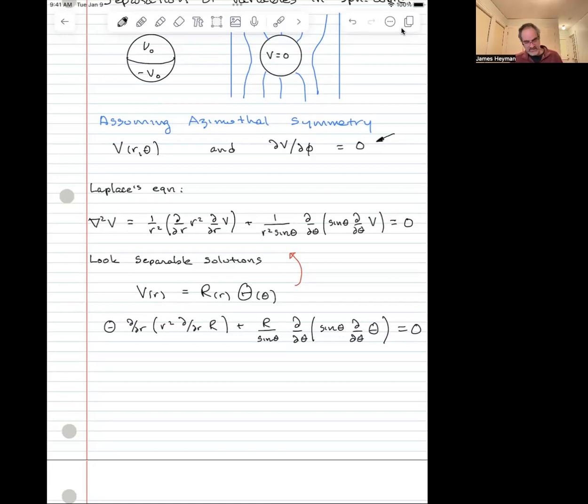Just as we did previously, we're going to divide both sides by the potential, which is just the product of the radial function and the theta function.